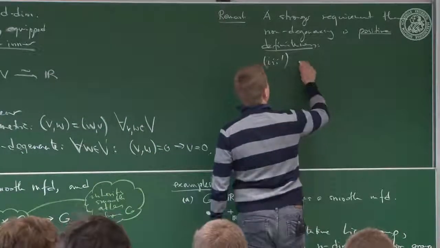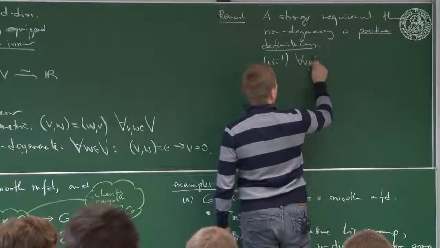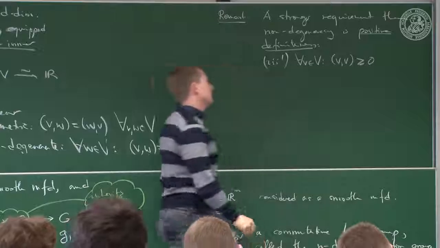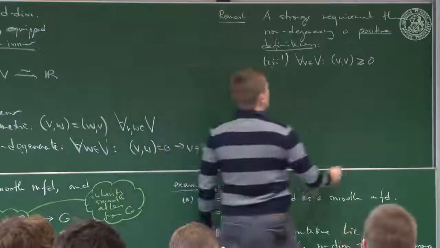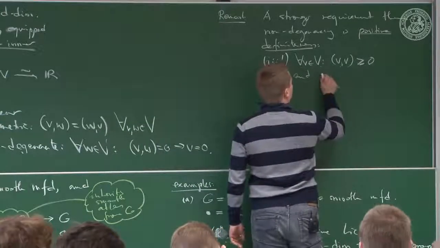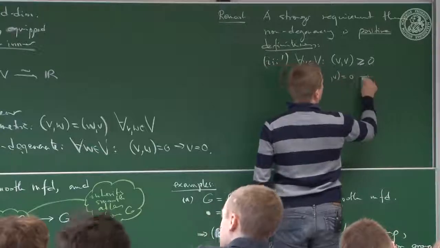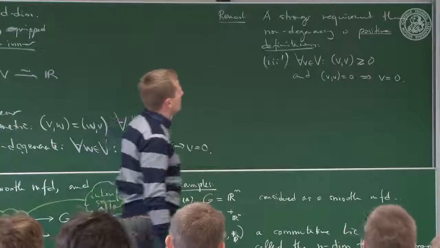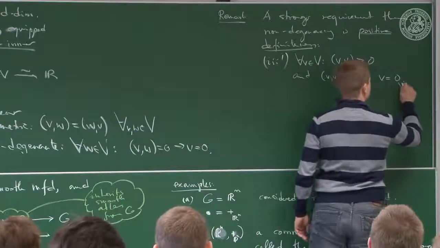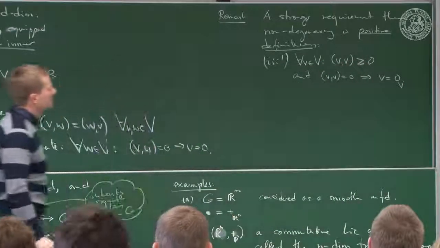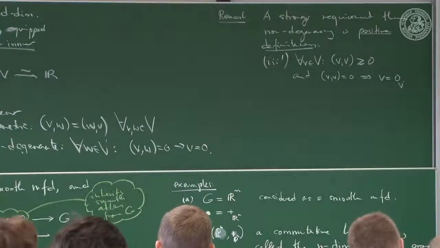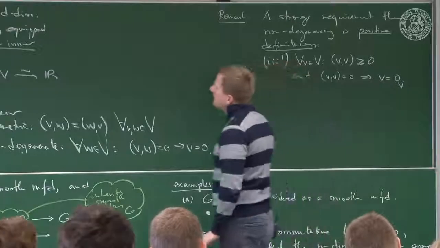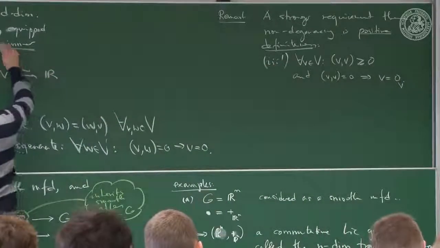And that says that for all v in V, (v, v) is always greater or equal to 0, and (v, v) equals 0 already implies that v was the 0 vector in capital V. And in that case, if 3 is replaced by 3 prime, we call the whole thing an inner product.